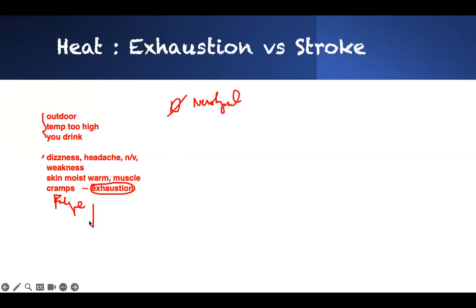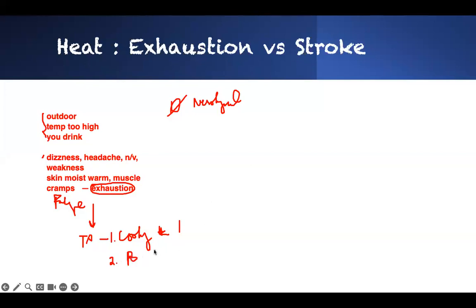Okay, what is your treatment for this patient? It's just cool them as much as possible. Cooling is your number one. You want to cool them as much as possible. And if they have no neurological problem, they can take PO like Pedialyte.